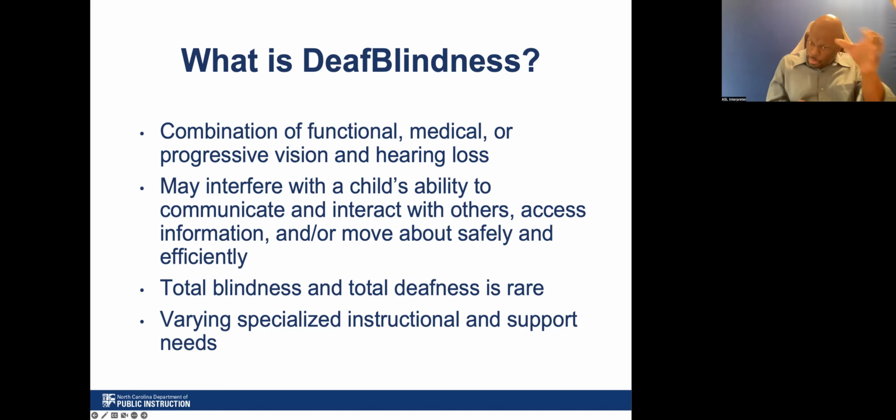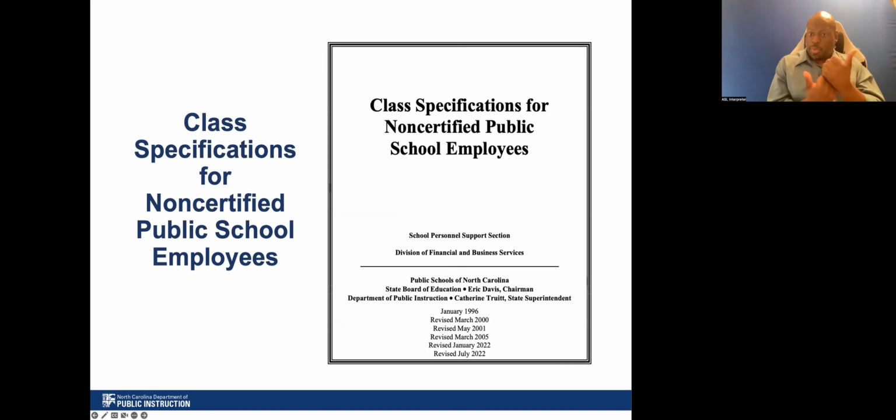North Carolina has approved job classifications for deafblind interveners that support school districts to develop job descriptions for these positions. The document entitled Class Specifications for Non-Certified Public School Employees is the document that houses both classifications for deafblind interveners and educational interpreters.